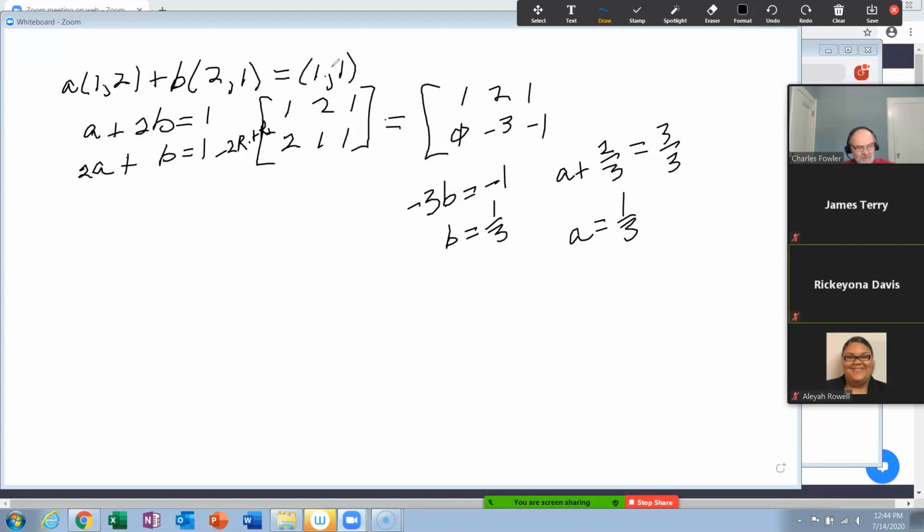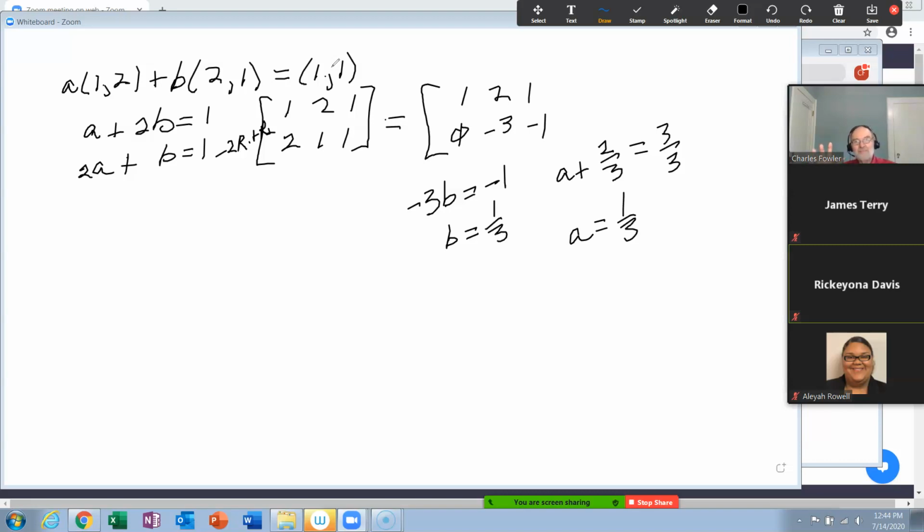Why they're throwing all these terms at you, I'm not sure, because you're abstracting a collection of properties from a particular setting. Rn was your original setting, vectors in real space Rn, to form axioms for a more general setting.